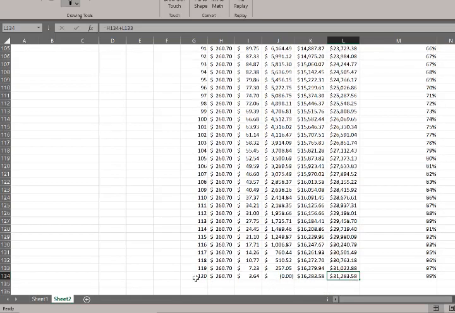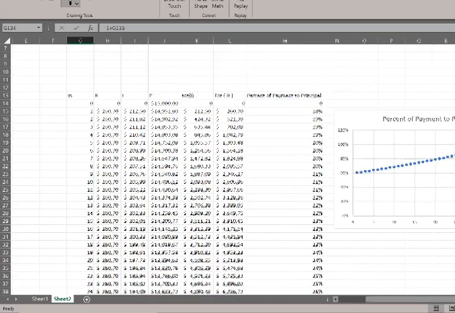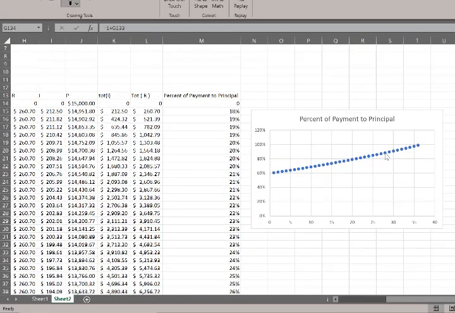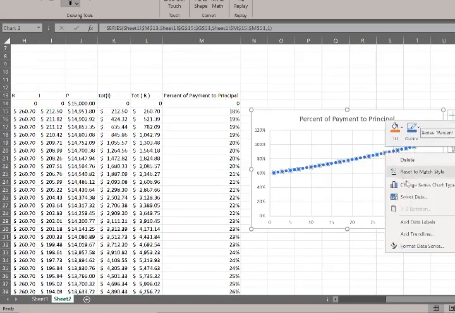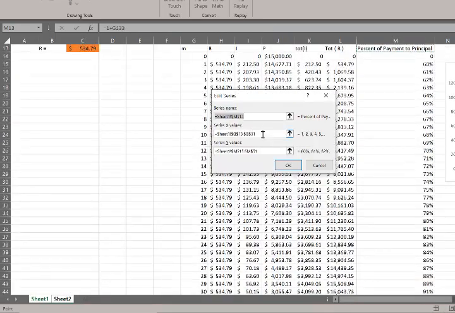So let's go ahead and take a note. This ends at row 134, because we want to fix our graph. So all we're going to do is select this.